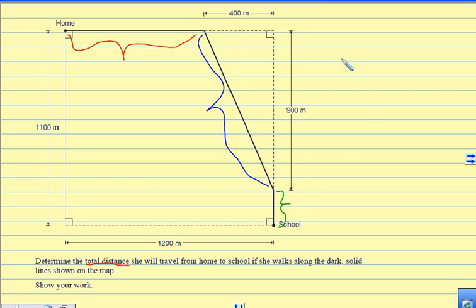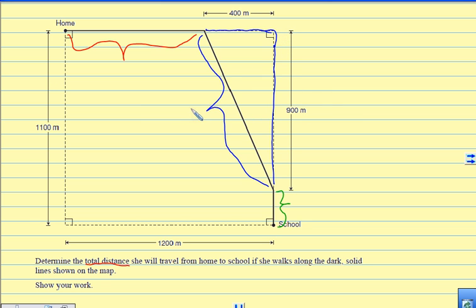But if you remember your Pythagorean theorem, look, we have a right triangle here, in blue. Do you remember Pythagorean theorem?